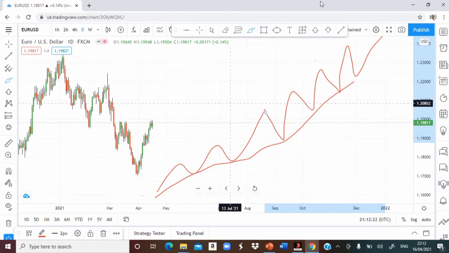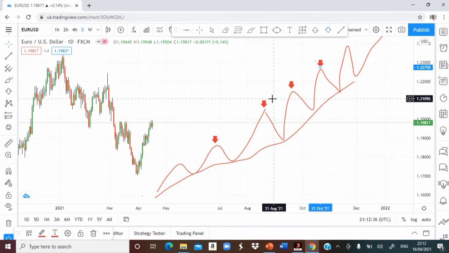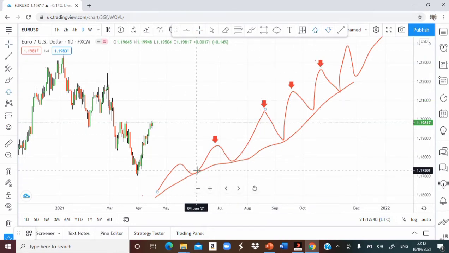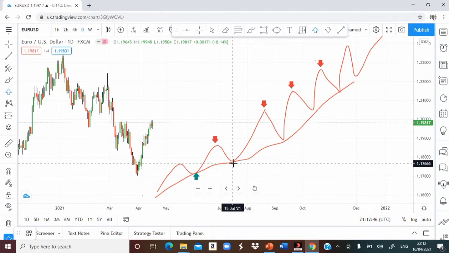This is a higher high, higher high, higher high, higher high. All right. This is the higher lows, higher lows, higher lows.